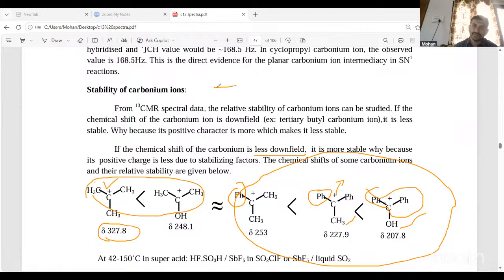For example, here is a benzene, and adjacent to it this carbocation is there on this carbon with the positive charge, right? So you can see the carbocation here, and here is a phenol. One more benzene is there, and some hydroxy group or methyl group is there on this particular carbocation.